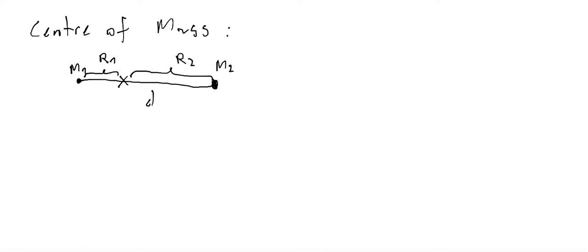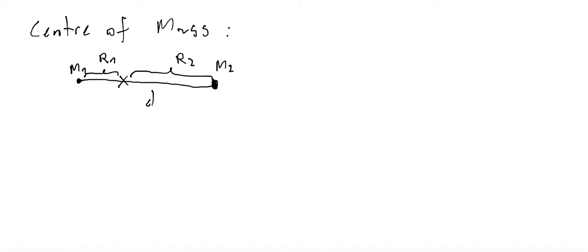Okay, so we are talking about the center of mass of 2 point masses m1 and m2 at distance d between them. So what is a center of mass? The center of mass is a point where one mass multiplied by the distance between this mass and this point must be equal to the other mass multiplied by the distance between this point and the other mass.